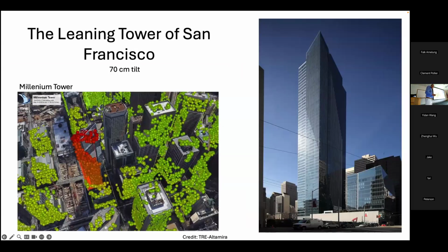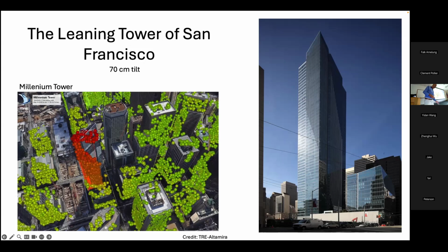Regarding the tilt, we have a couple of centimeters at the Porsche Design Tower in San Francisco, which was also detected originally with InSAR. There's a leaning tower of San Francisco. There was a total of 70 centimeters of tilt at the upper floors, so it was really a problem.